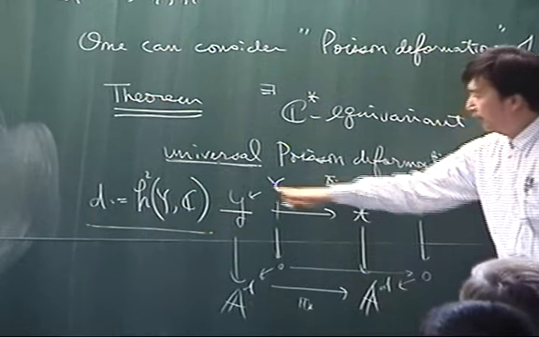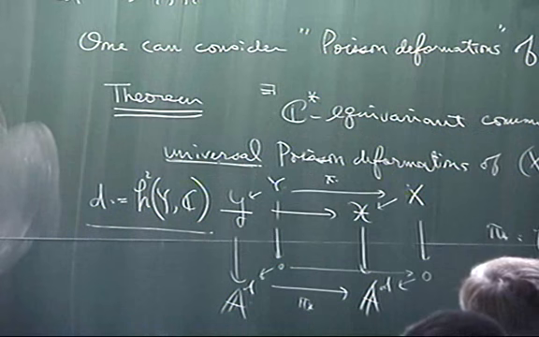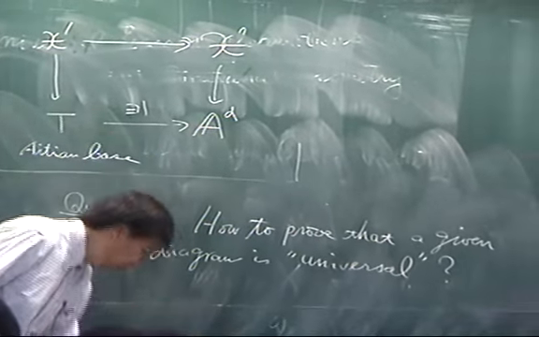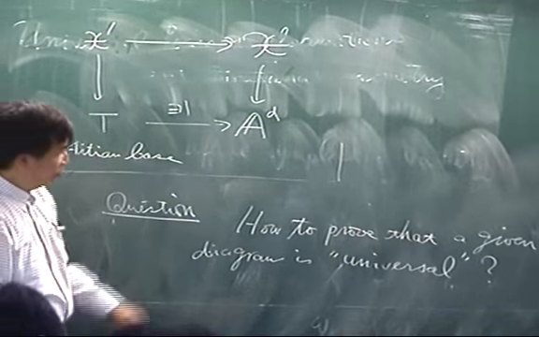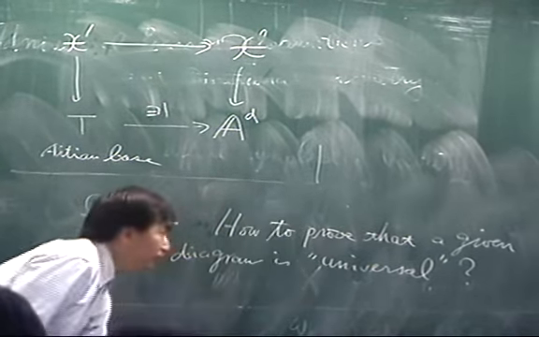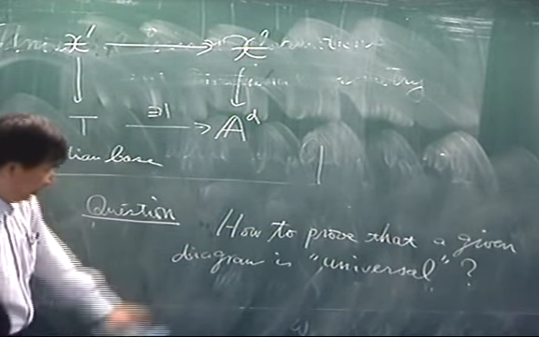This is a smooth variety. So in many cases, we already have some canonical diagram. So this question is very natural. The aim of this talk is just to explain how to prove that.